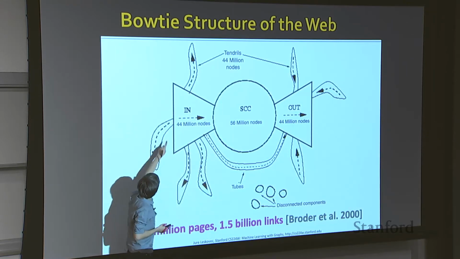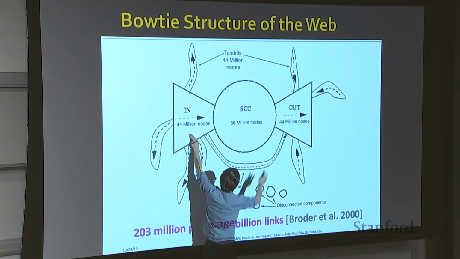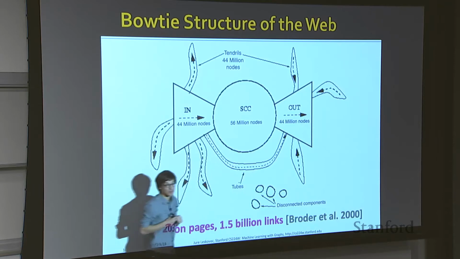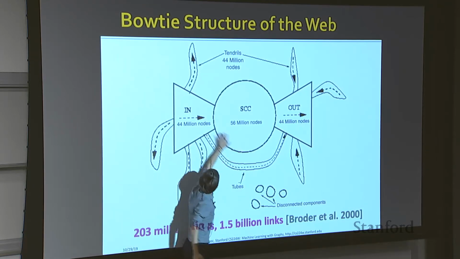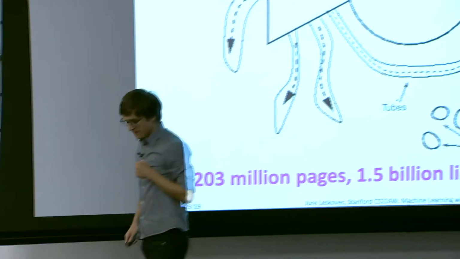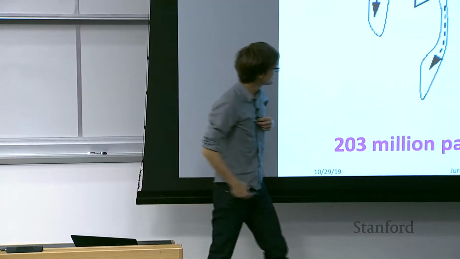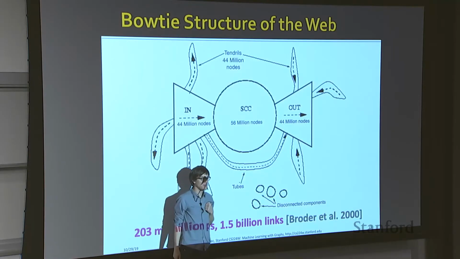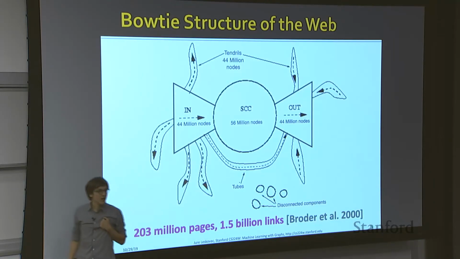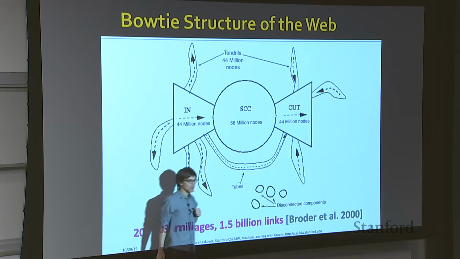And then there are tendrils, these tentacles that link the in and out components, and so on. But it's about one quarter, one quarter, one quarter, and another quarter. That's what these guys learned by basically running a couple of BFS searches over a giant graph. So it's quite cool. Any questions?